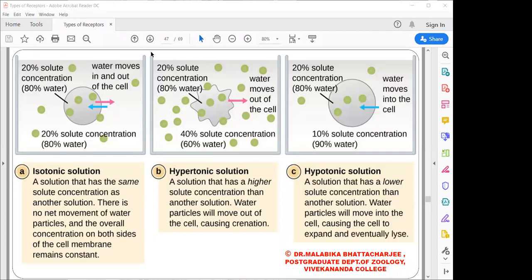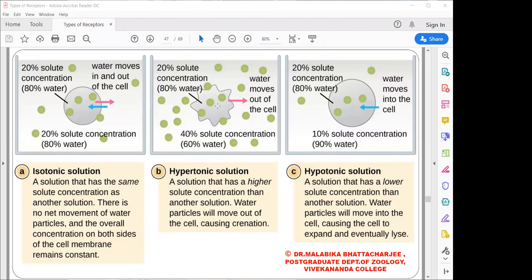Next, if I look at the middle picture, this is labeled as hypertonic solution, hyper. So we have to assume that the solute concentration is much higher in the outside solution as compared to the interior of the cell. As a result, solvent molecules, so this is osmosis, are moving out from the cell to the surrounding exterior.